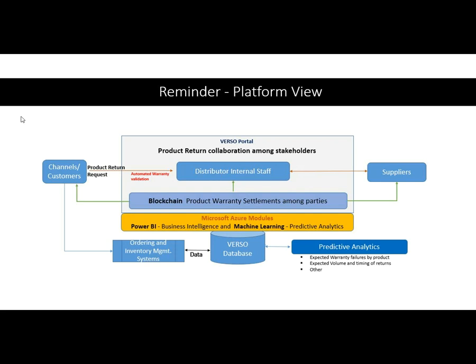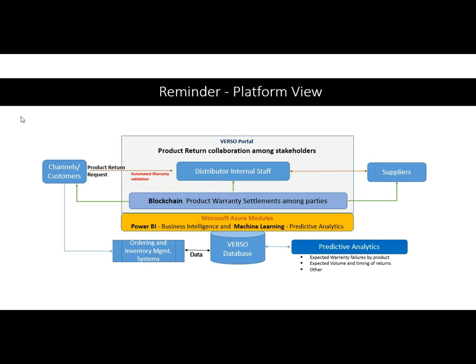That's one of the strengths of Verso: it allows that participation based on rights and permissions for visibility and editing. That really helps when you're dealing with a complicated process that involves many different parties, such as product returns. On the left, you'll see a product return request comes through Verso.